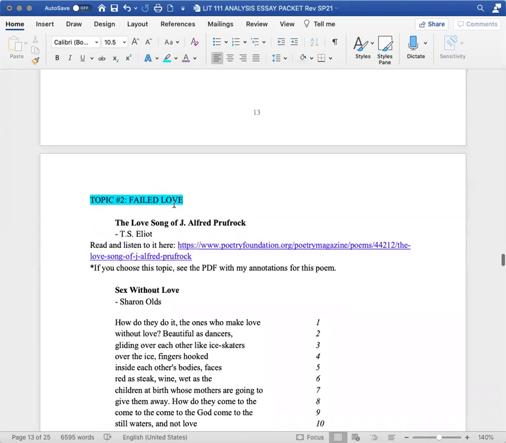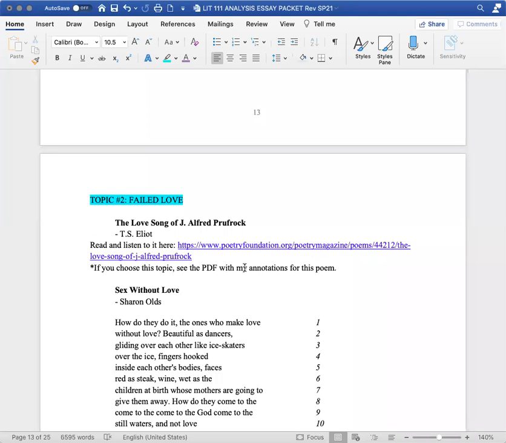For topic 2, The Love Song of J. Alfred Prufrock is just too long. It's like 5 pages long. So what I decided to do is I posted the link here where you can listen and read it. But I am also going to share with you, I have to do this still and I forgot, I will post the PDF, or I'm going to take pictures and scan it as PDF of my book.